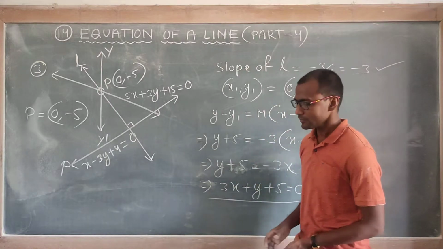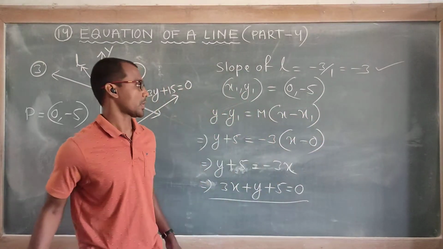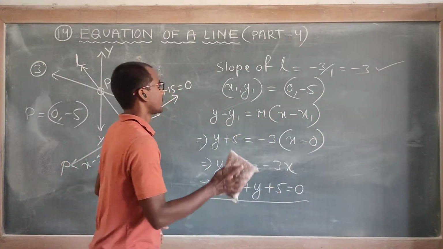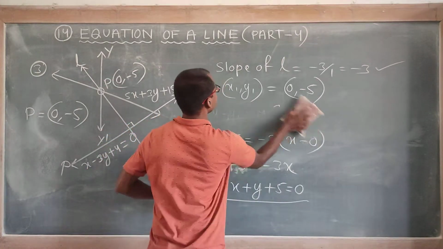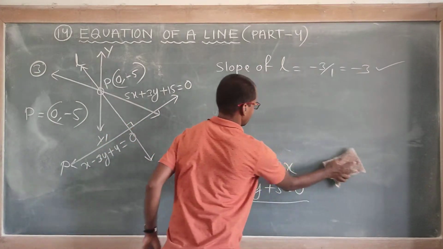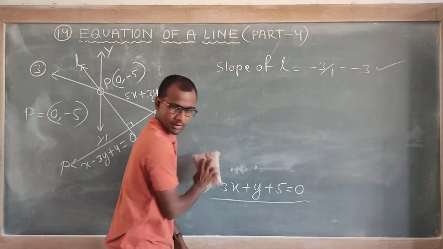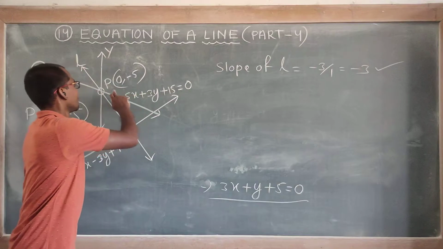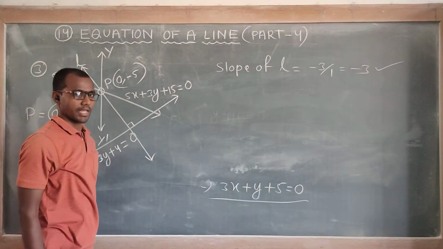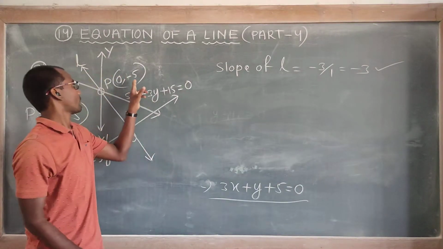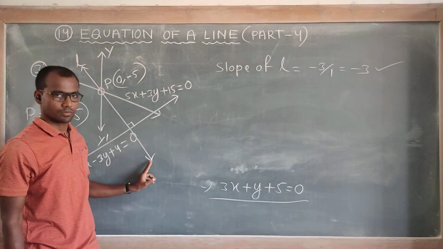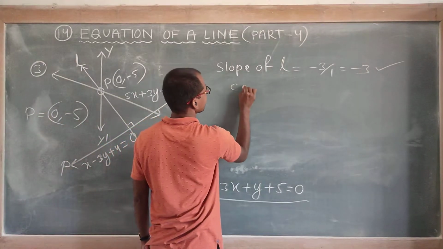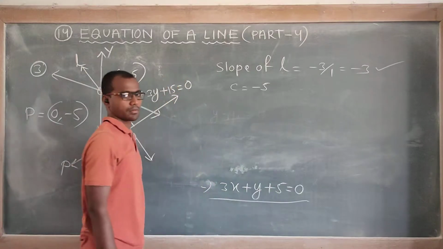Now let me use the slope intercept formula. I have used the slope point formula. I'll get the same equation, you will see. Here the point is 0 comma minus 5. X coordinate is 0, which means definitely this is the y intercept of this line. So c is equal to minus 5.